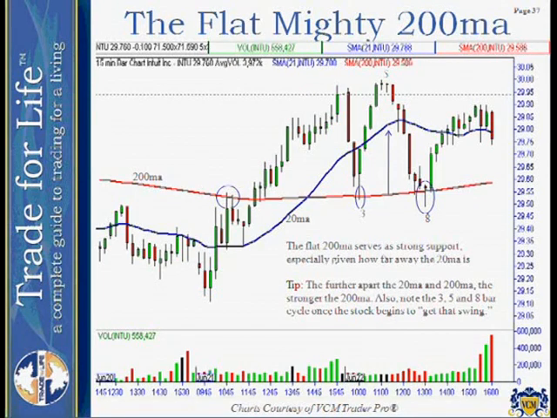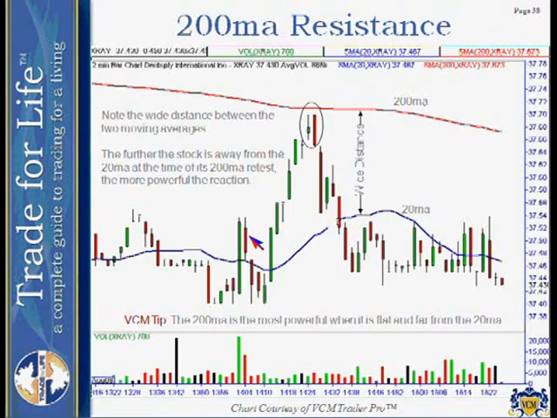Look at this scenario. Stock rallies right up toward its flattish 200 period moving average. What kind of bar is this? What number would you say that is? So we need the whole bar's low to be taken out, right? The low is taken out there.